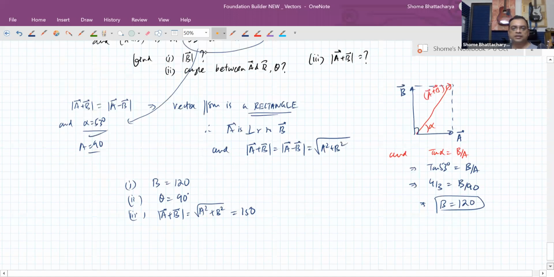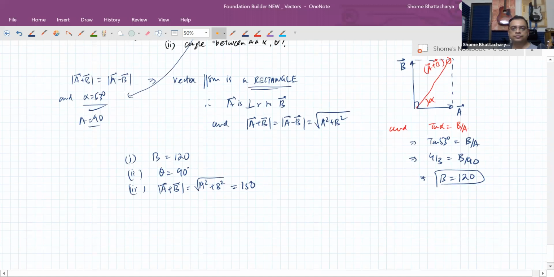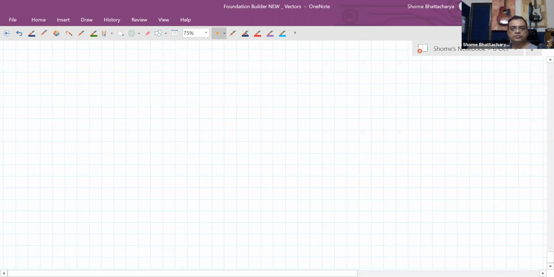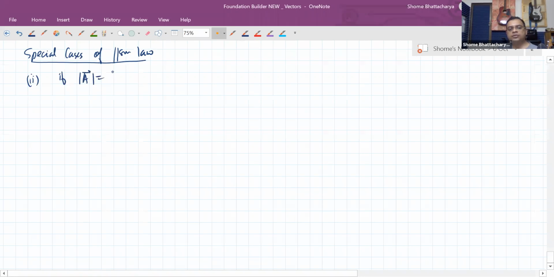special case of parallelogram law. If magnitude of the vector A is equal to magnitude of the vector B, so we are having a parallelogram of equal sides.